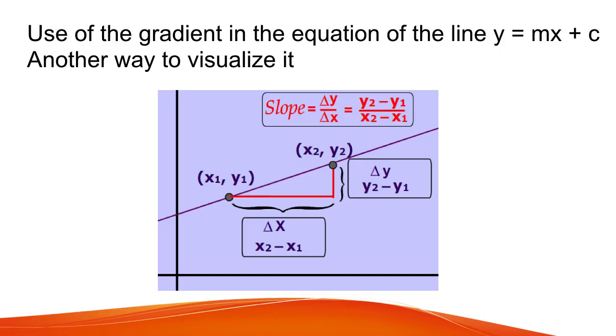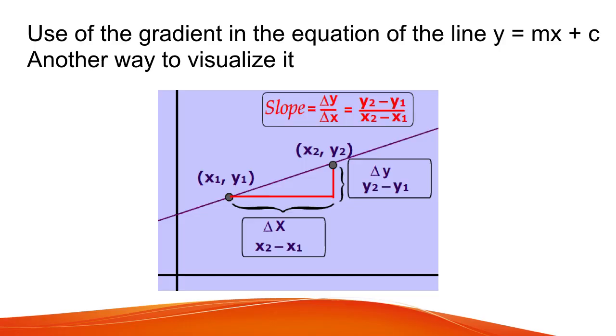Wherever there's an x2, there is going to be a y2, and whatever point you choose as x1 will have a y1. You can't couple an x2 with a y1 or the other way around. Be careful of that.